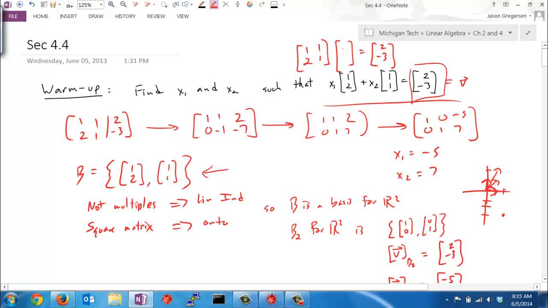We solve this thing, we figured out that this was (-5, 7). So this is just the matrix equation that we really solved. And if we look at that thing, we can kind of think about the parts. We said when everything was said and done, these were the new coordinates.